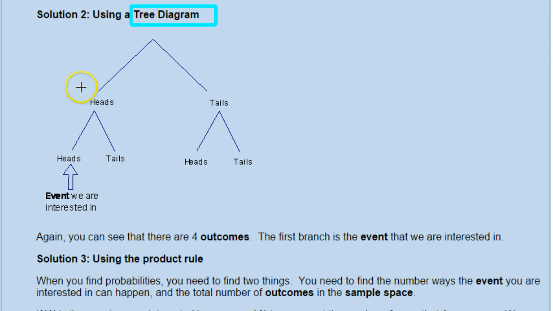We're looking for an event where we've got a head followed by a head. Again, we have 4 different outcomes, 4 different nodes at the bottom, and we have to go down our tree and follow a particular path, a particular branch, to get the outcome, the heads in this case.